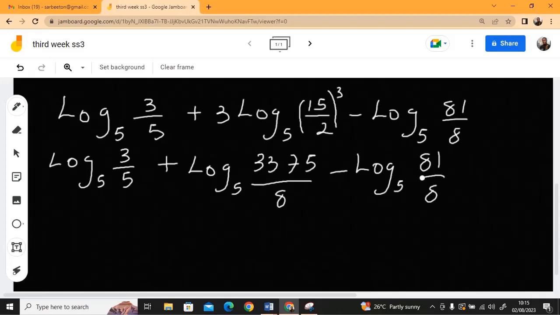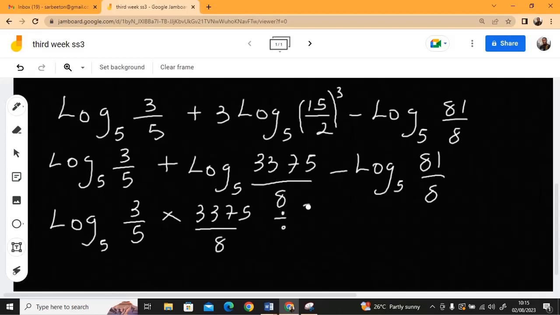Now log 5 is in everything. So I can say log base 5, and I say 3 over 5, plus is times, then 3,375 over 8. The minus is division, divided by 81 over 8.